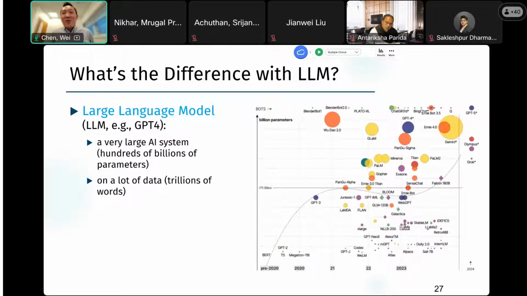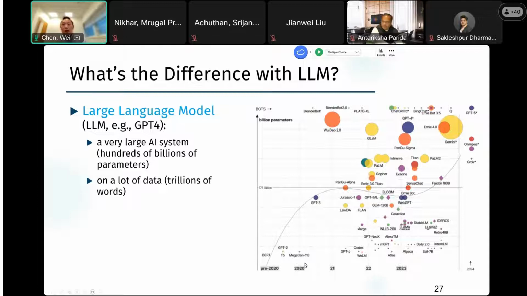People trained a very large AI system with a lot of parameters on a lot of data, trillions of tokens.